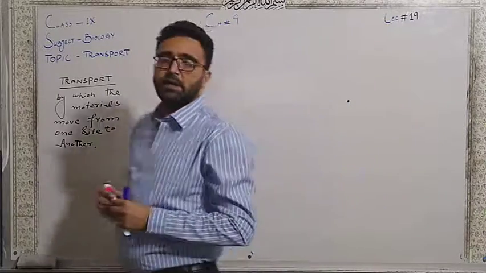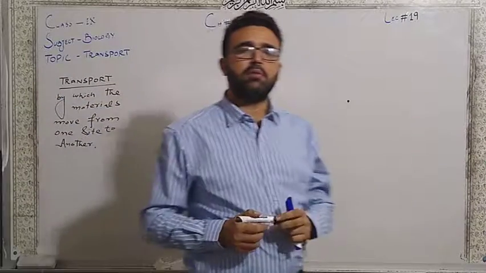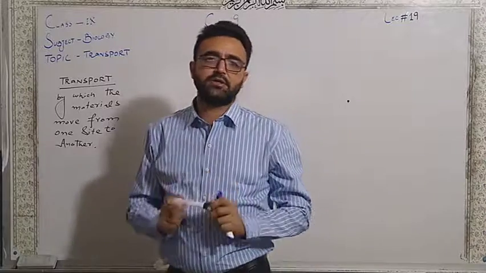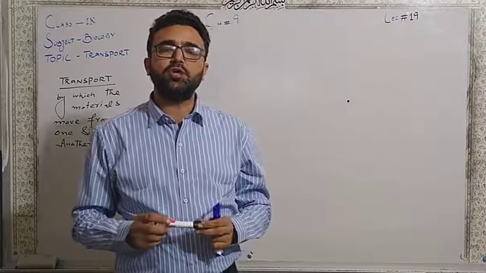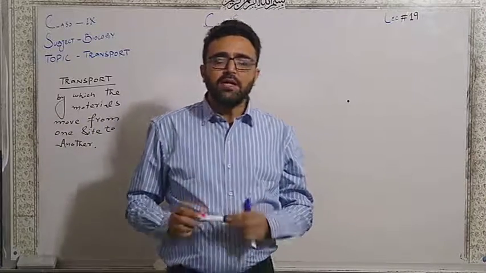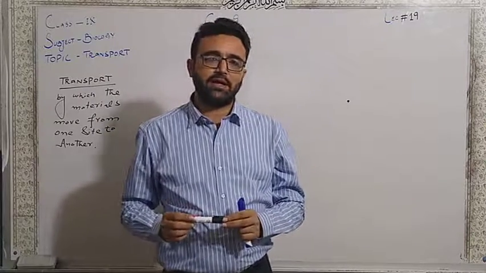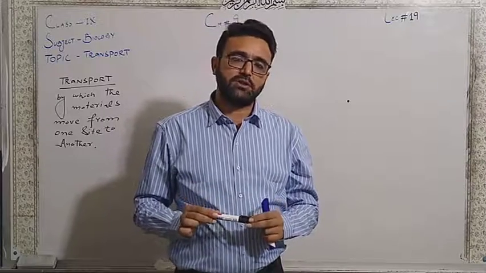Dear students, in living organisms, there are thousands of metabolic reactions going on. For those metabolic reactions, some materials should be transported from the environment into the cell. Why into the cell? Because the cell is the basic unit of living organisms and it is the site of metabolic reactions.